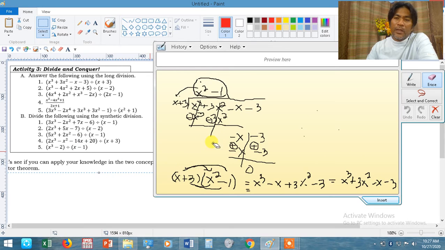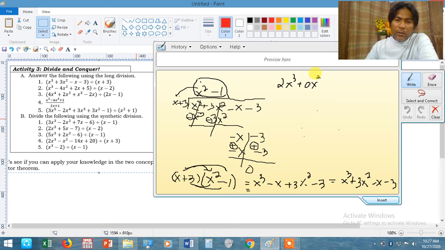Probably this is your next example. So let us try if we can get this number 2 using synthetic division. Okay? So we need to complete it. That is 2x cubed. Since it is a cube, we add 0 x squared.